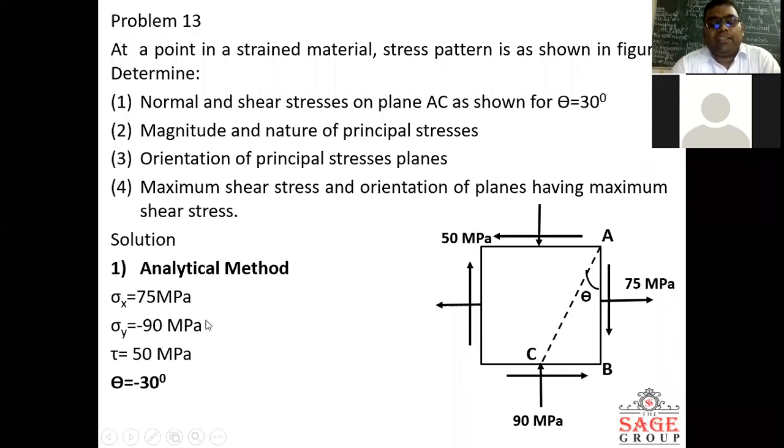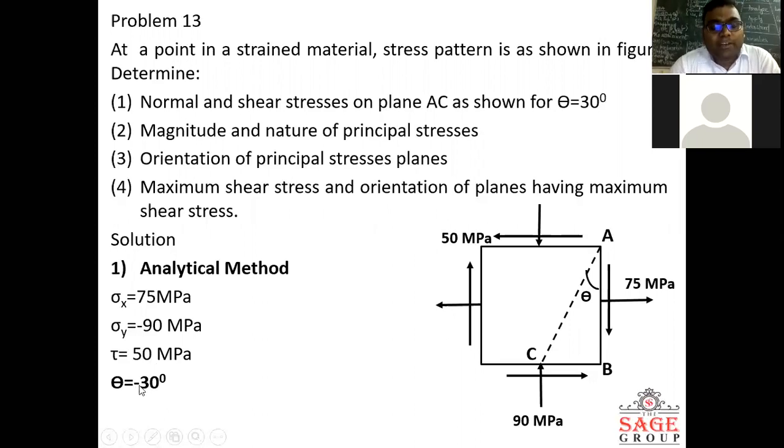So the given data is sigma x equal to 75 megapascal, sigma y equal to minus 90 megapascal, minus because its nature is compressive, shear stress is 50 megapascal, and the inclined plane is 30 degrees. Why have I taken the minus sign?